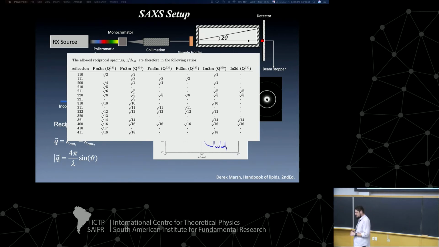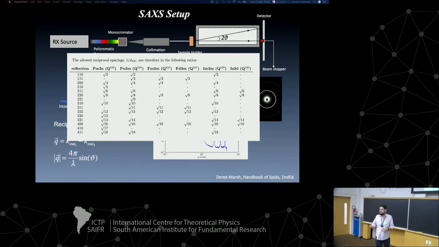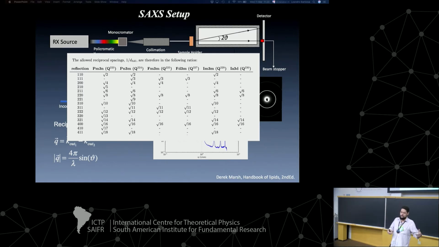It was developed in 1920, more or less, by the Braggs, the Bragg father and the Bragg son. And they won the Nobel Prize for the Bragg diffraction theory, if I'm not wrong, 1925 or 1924, something around this.